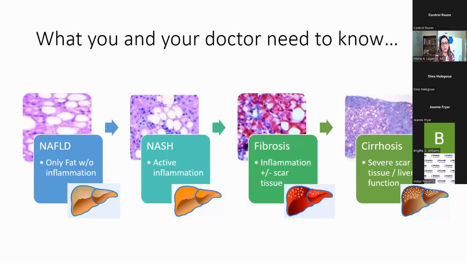As Dr. Haluga was mentioning, it starts with the presence of fat, and that fat could just be sitting there, not causing any problems or concerns. But then that could potentially lead to active inflammation. Active inflammation of the liver then leads to scar tissue deposition, and as it advances to severe scar tissue, the presence of cirrhosis.